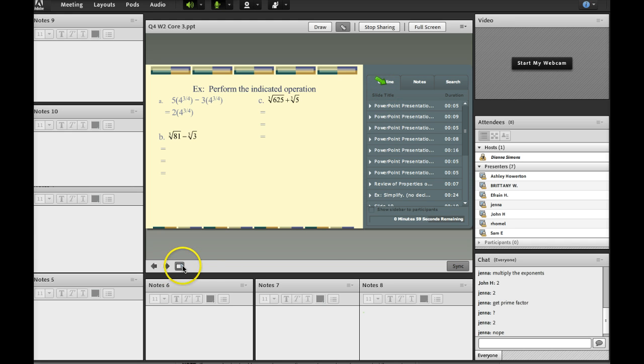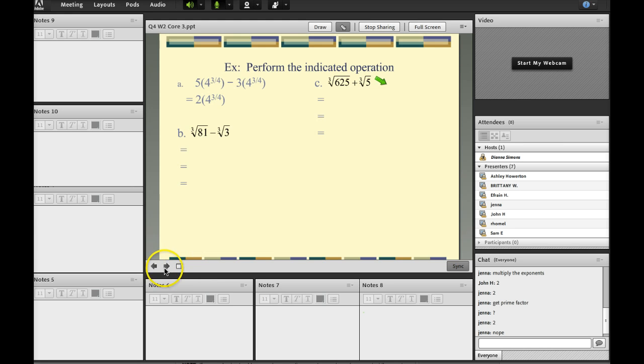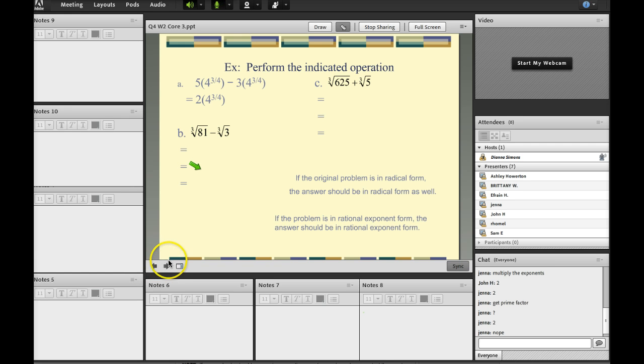All you do is you subtract the coefficients. There we go. Sorry, I had a brain cramp. So 5 minus 3 is 2. All right, next one. We have the cubed root of 81 minus the cubed root of 3.